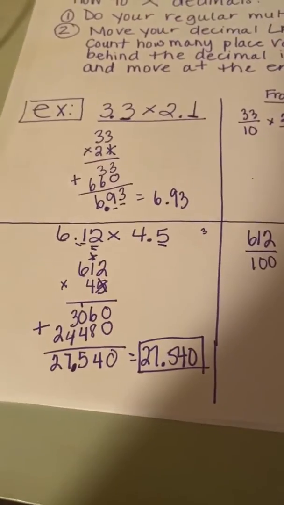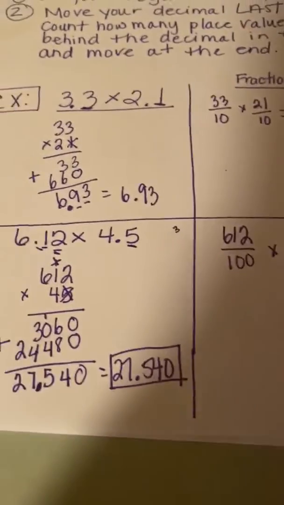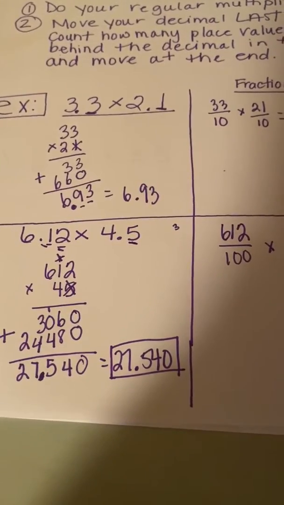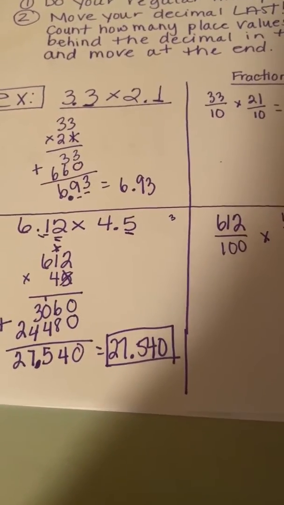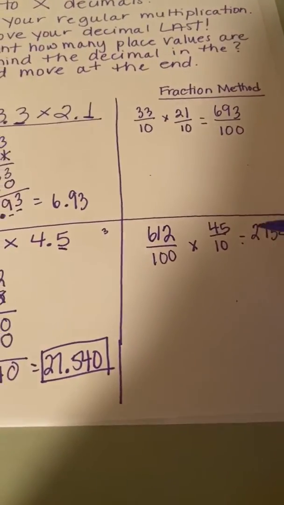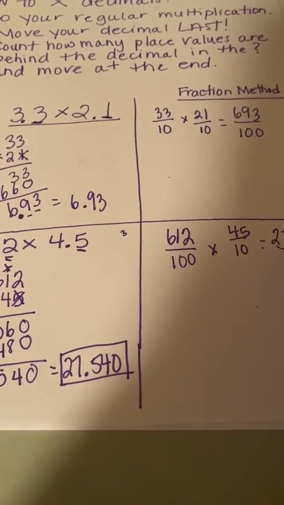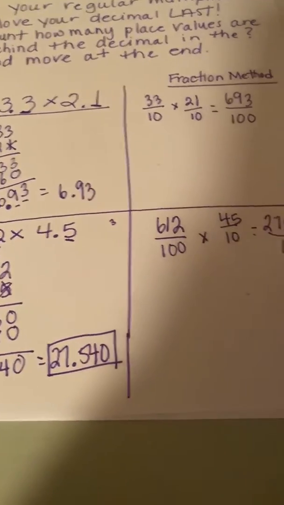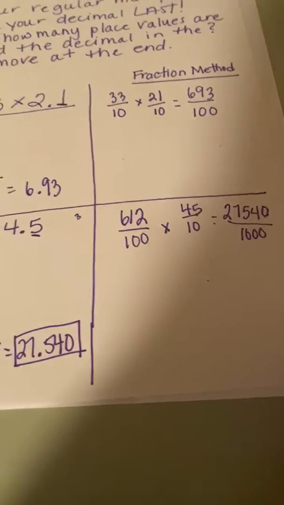We already did all of this work, so we know our answer is going to be 27,540 over 100 times 10 is 1,000. 1, 2, 3 zeros, 1, 2, 3 zeros.